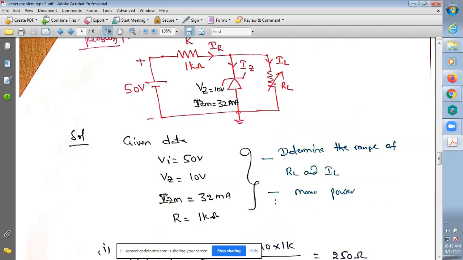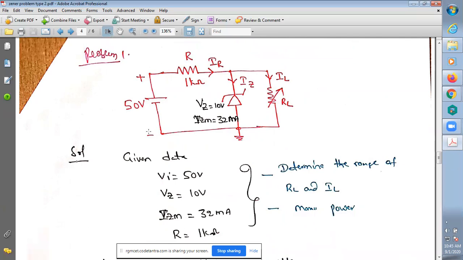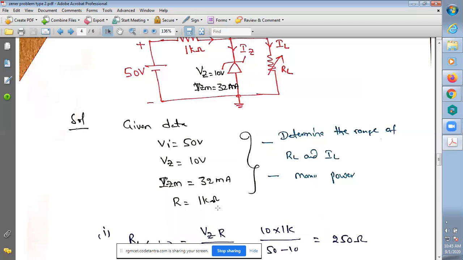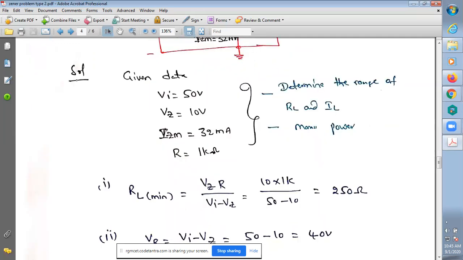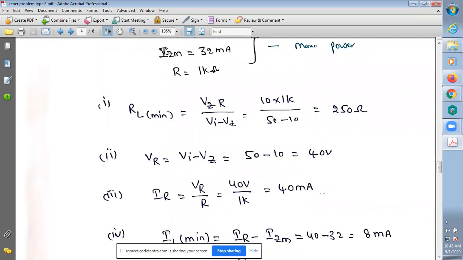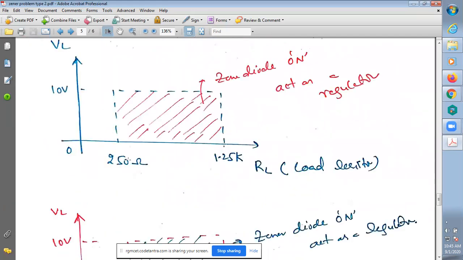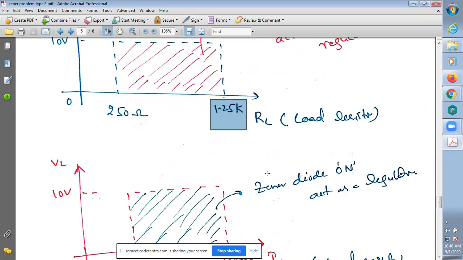Now this is about the given problem. Vi is 50 volts, Vz is 10 volts, Iz is 32 milliamperes, and R is equal to 1 kilo ohm. We calculated that RL minimum is equal to 250 ohms and RL maximum is 1.25 kilo ohm. During this entire range of values, the output voltage is constant. That means the Zener diode is in on state and acts as a voltage regulator.